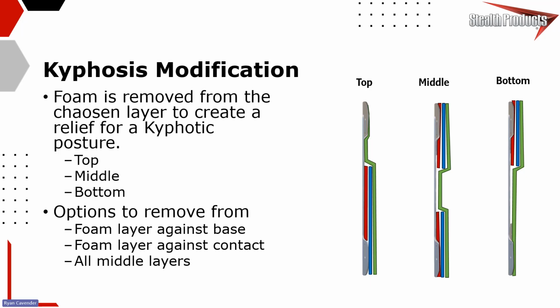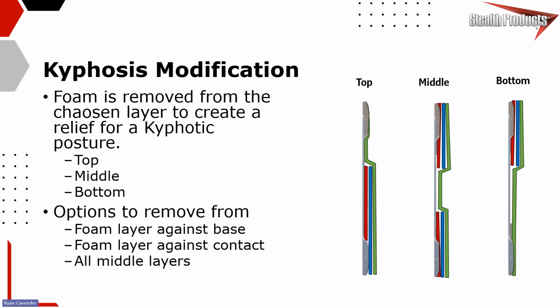So say we can remove the top section of foam, or some of the top section of foam, for an upper kyphotic posture. These images here are just my very rough and ugly attempt at illustrating the position of those modification options. We also have a few different ways that you can tell us how to remove, so that you get the client sitting against the layers in the stack of foam that you want them to.